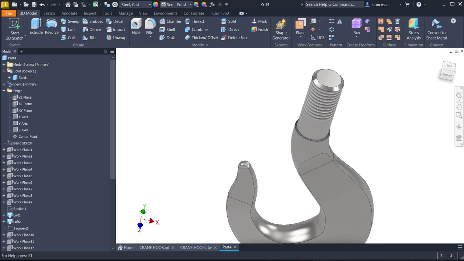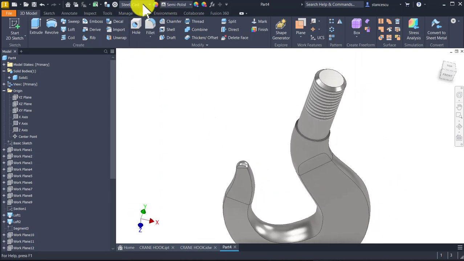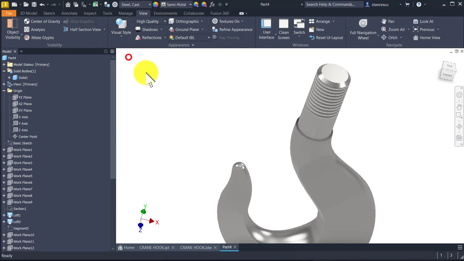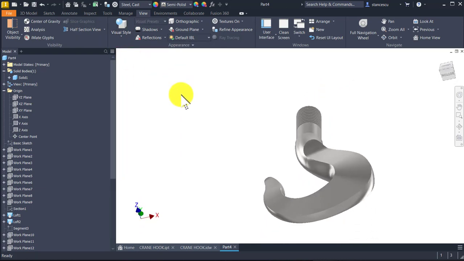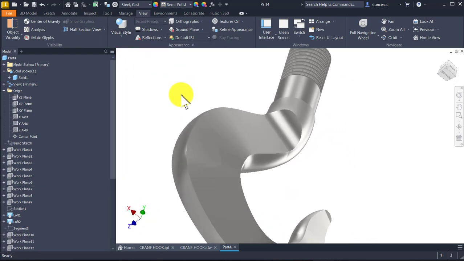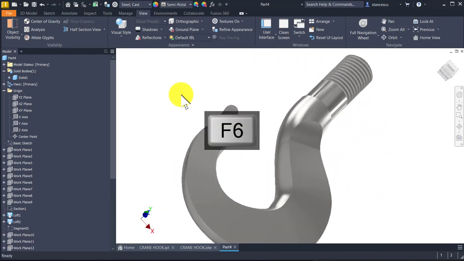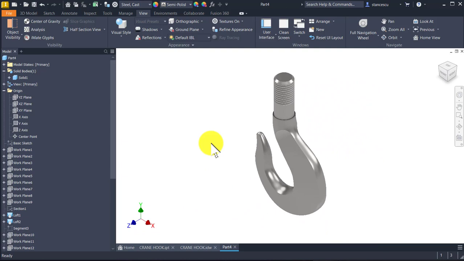Yes, you can view it as shaded only. You like it? Great work is here.